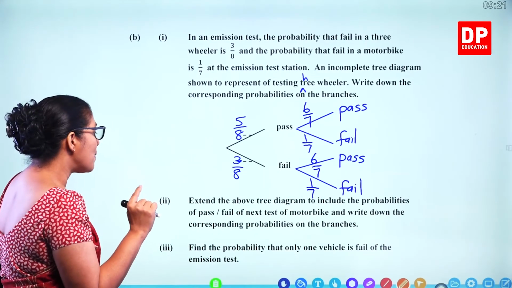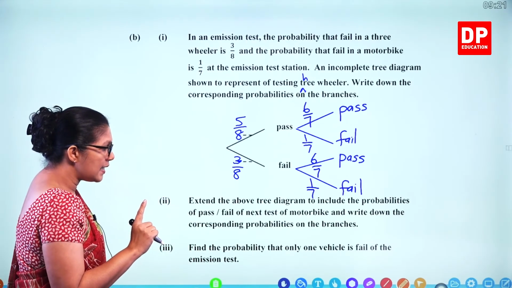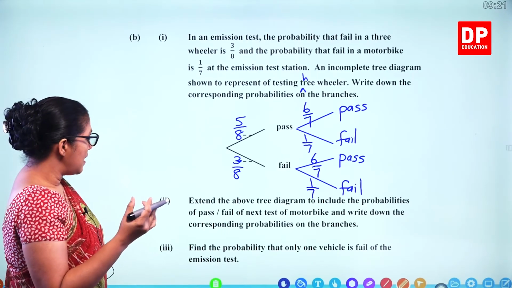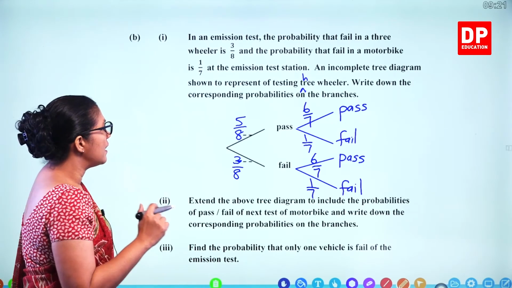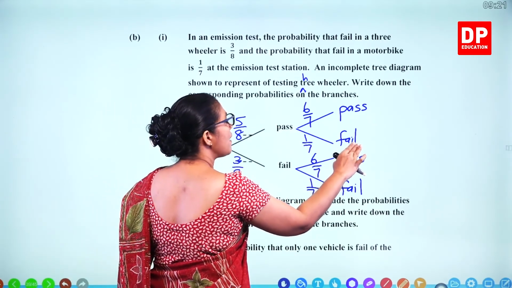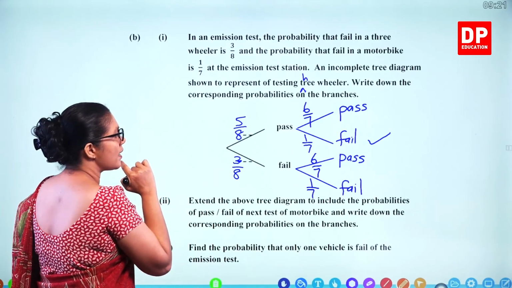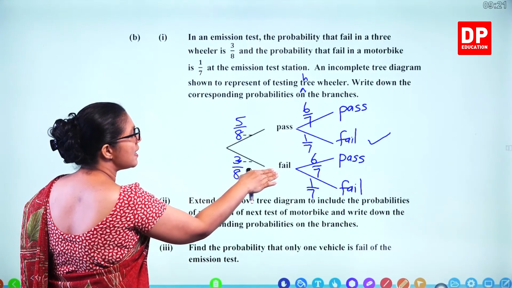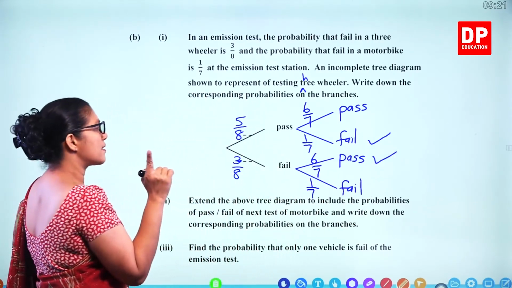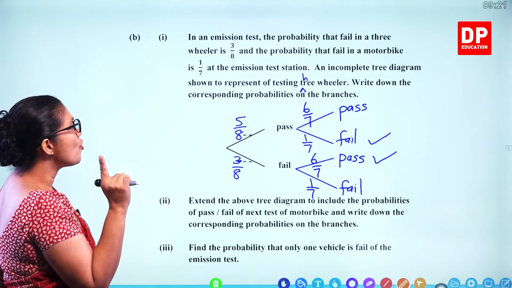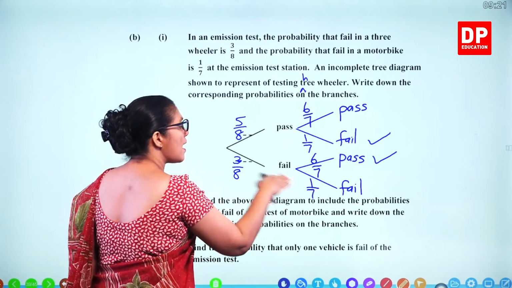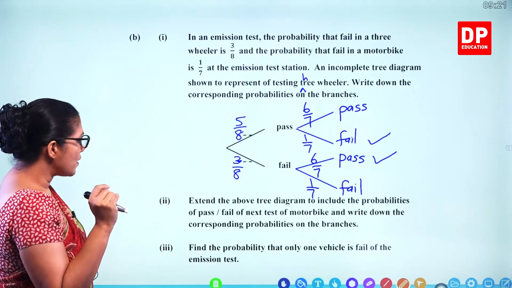Then it says, find the probability that only 1 vehicle fails the emission test. So what are the possibilities? Only 1 vehicle fails. 3-wheeler test pass and motorbike fail. So this possibility, okay. Then the 3-wheeler test failing and bike test passing. That's also possible. So we have to take only 2 branches. So only 2 possibilities.